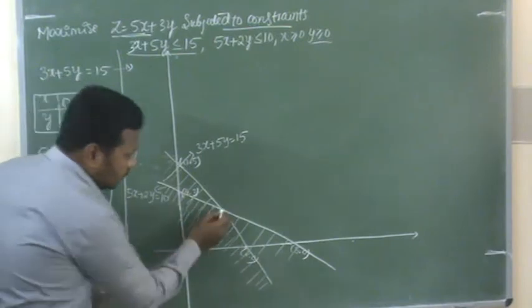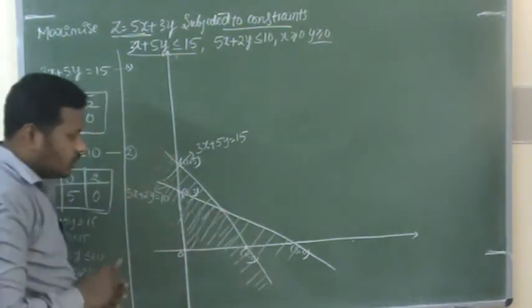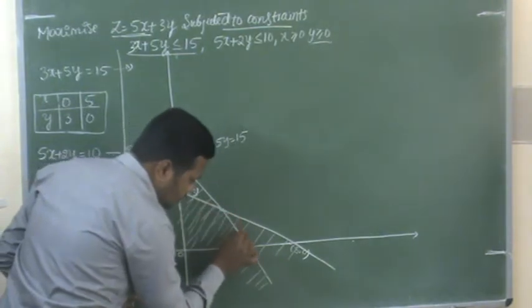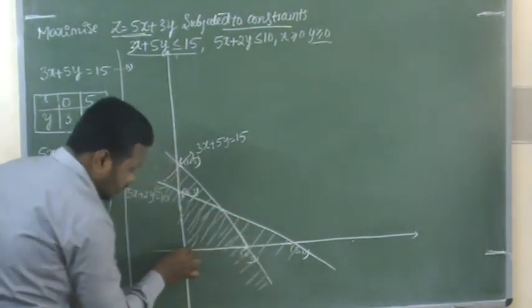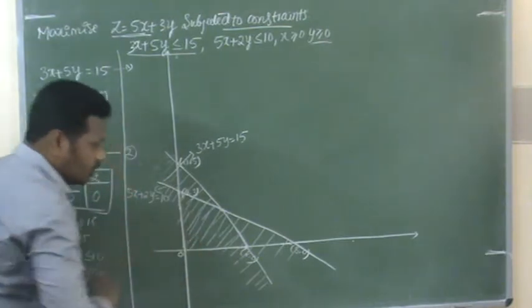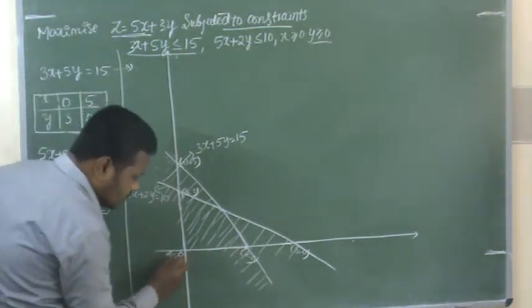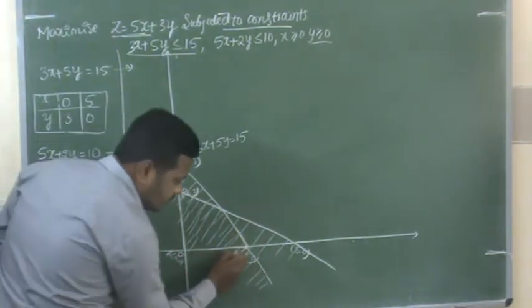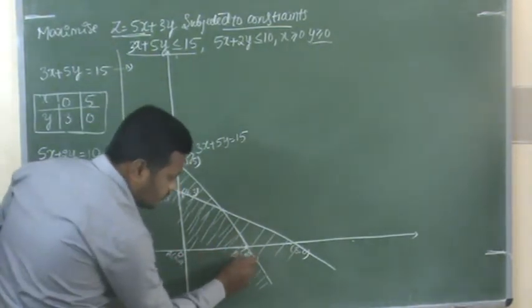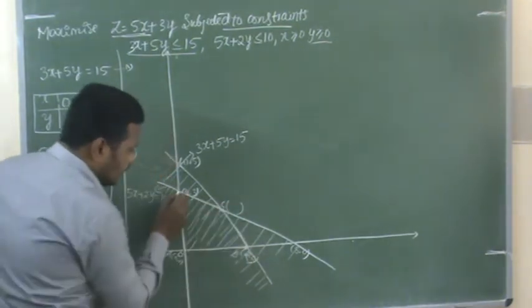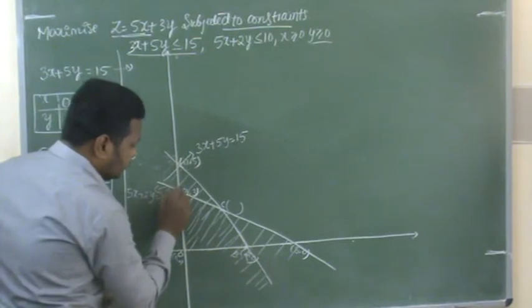Okay, now the corner points of the shaded region are: this is A 0, 0, and this is B 2, 0, and the C point we don't know, we have to calculate it, and D point 0, 3.